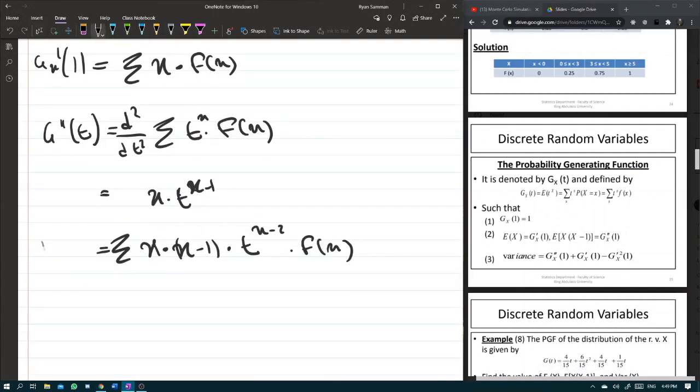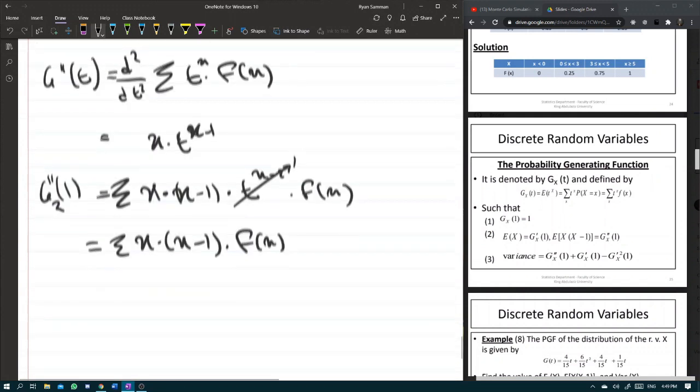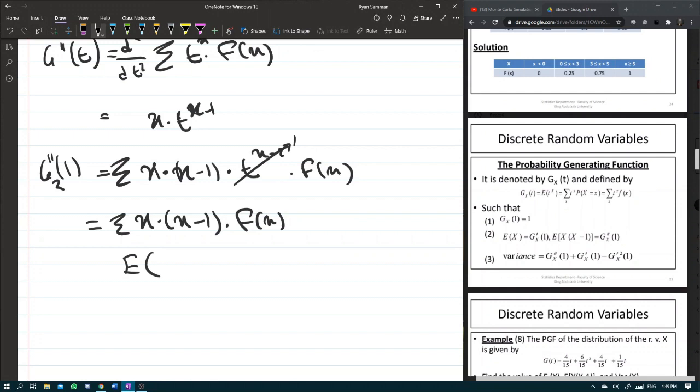As we said, we're always going to be passing in 1, so this is going to be 1 as well. So it's going to be the sum of x times x minus 1 times f of x. And this is just the expected value of x times x minus 1. So as you can see, we get the second derivative and we get this formula.